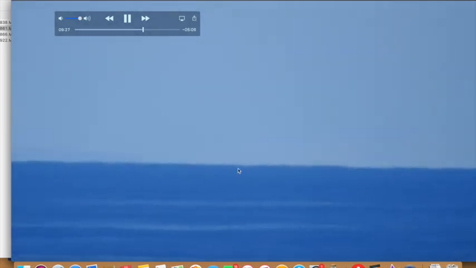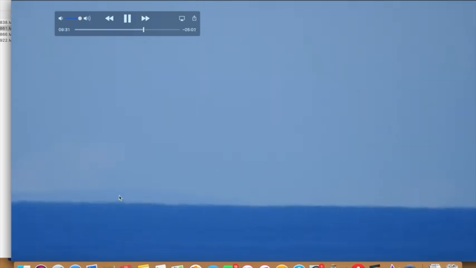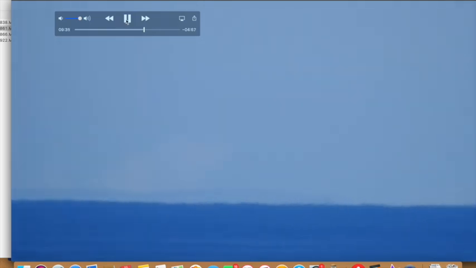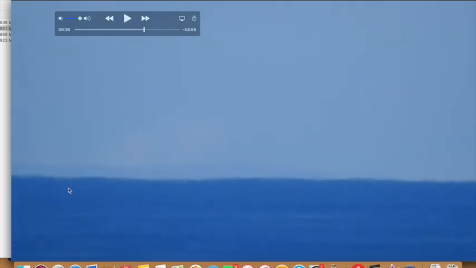Kaho'olawe and Lanai right here, both those guys right next to one another. It's hard to see where they separate. You can see the top of Kaho'olawe on the left, and it merges with Lanai over here. You see them?